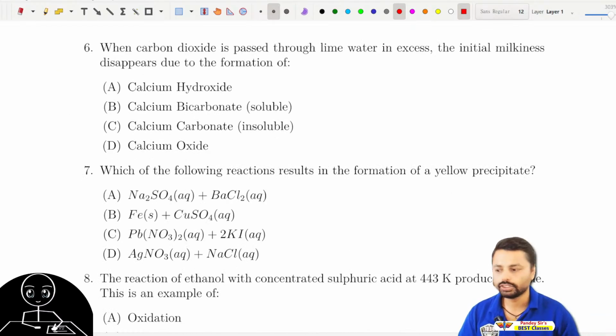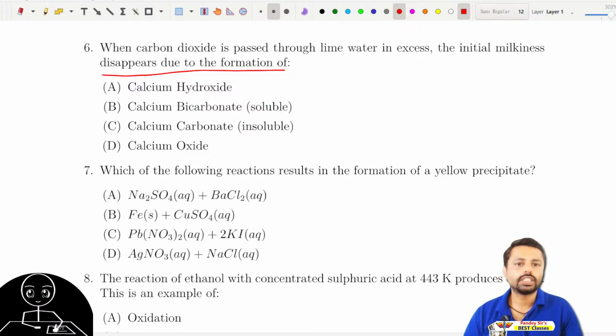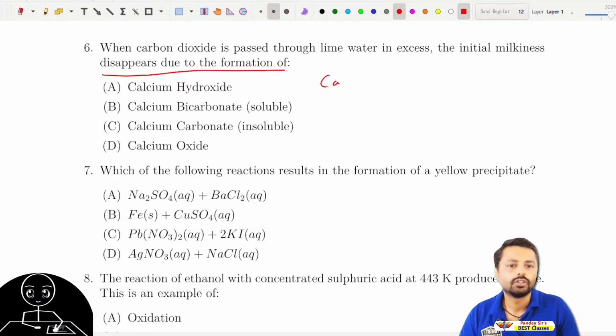So try the next question. When carbon dioxide is passed through lime water in excess, excess means extra, the initial milkiness disappears due to the formation of what? Now, carbon dioxide is passed through lime water. What is lime water? CaO, calcium oxide, that is actually quicklime.